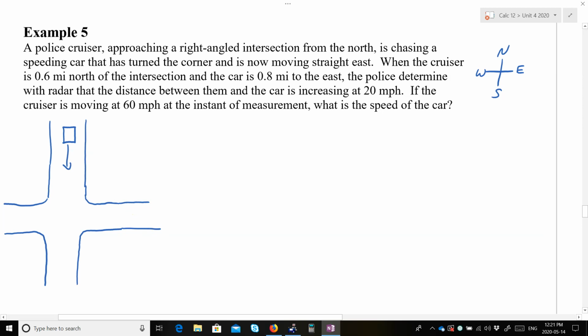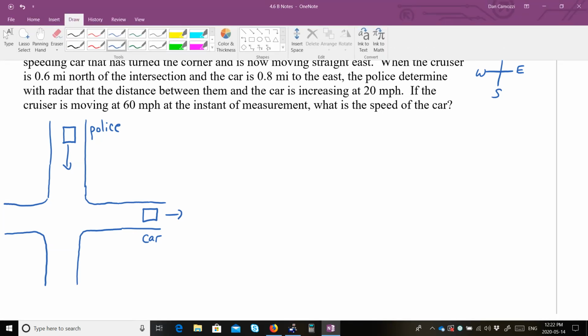It's chasing a speeding car that has turned the corner and is now moving straight east. Okay, so this is the car and this is the police. Okay, when the cruiser is 0.6 miles north of the intersection and the car is 0.8 miles to the east, the police determine with radar that the distance between them and the car is increasing at 20 miles per hour.